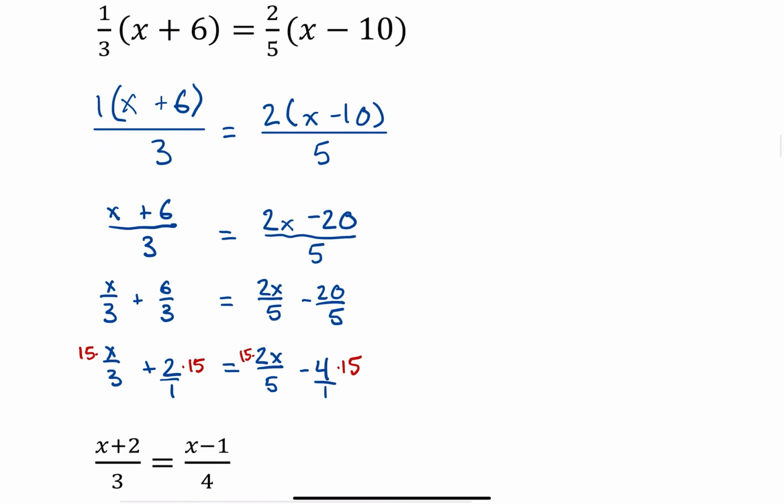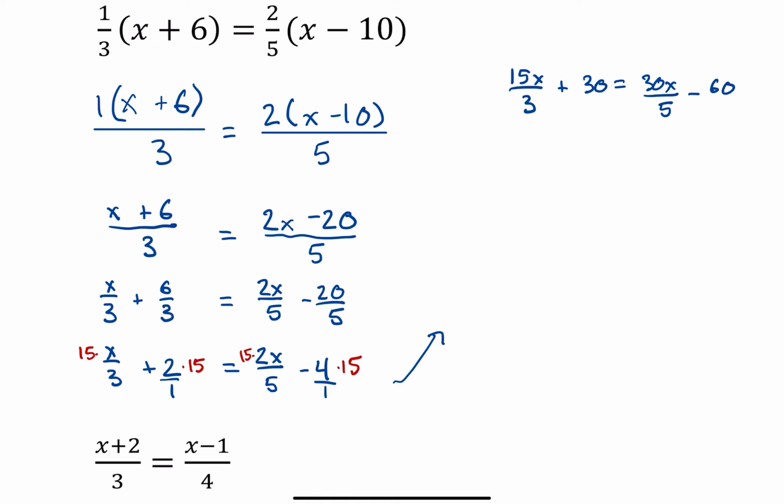And I'm going to go over here. So we end up with 15x divided by 3 plus 2 times 15, which I'll simplify to 30, is equal to 30x divided by 5 minus 60.